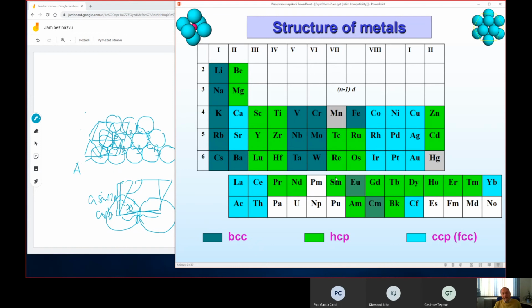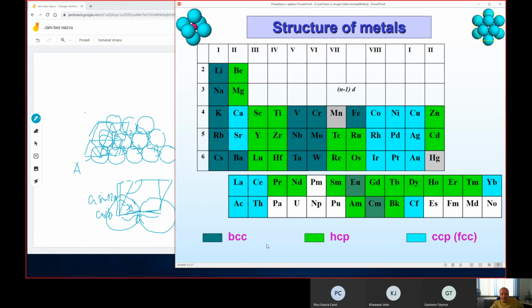The exception is manganese, which has a cubic structure, but quite complex with many atoms per unit cell. And this complex structure is associated with the unpaired spins and spin-orbit coupling which is present in manganese. And then mercury, which is liquid at normal temperature.